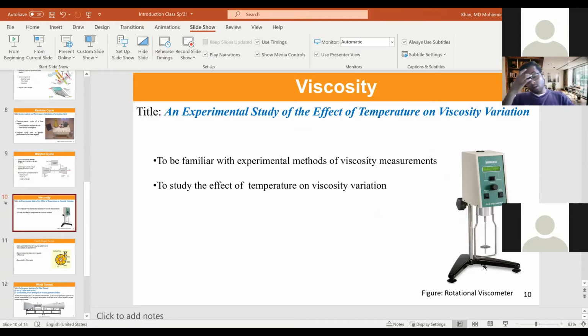It has a rotary disc in it that rotates inside a liquid, and we're going to heat it up and see how the rotation changes with temperature. So you can have a better understanding of the changes of viscosity for different oils with temperature.